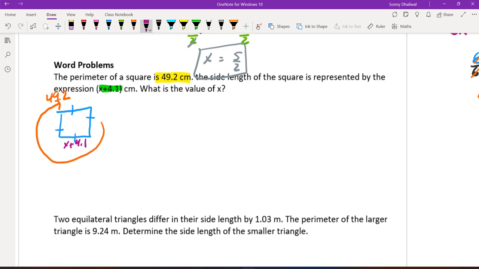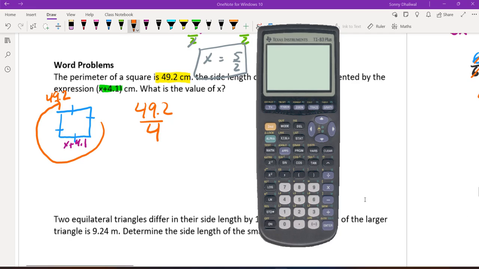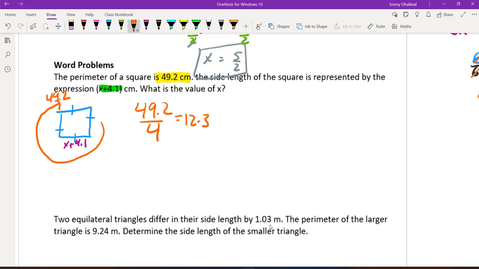So how big must this side be? Loriana? Yeah, just divide by 4. They're all equal size. So we take that 49.2 and we divide it by 4. And grab my calculator, and it says 49.2, we divide it by 4, and we get 12.3. That's how big each side is.